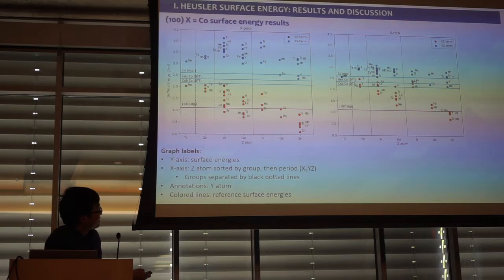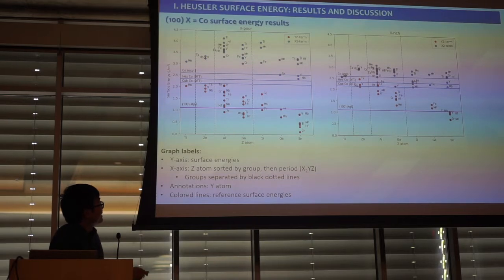On the y-axis, we have the surface energies. On the x-axis, we have the Z atoms sorted first by the group number, then by the period number. And if you'll recall, the Z atom is referring to the Z atom in this formula X2YZ. And we separated the group numbers by black dotted lines here. So if you look towards the middle of the x-axis, you'll see aluminum and gallium. Those are both in the same group.